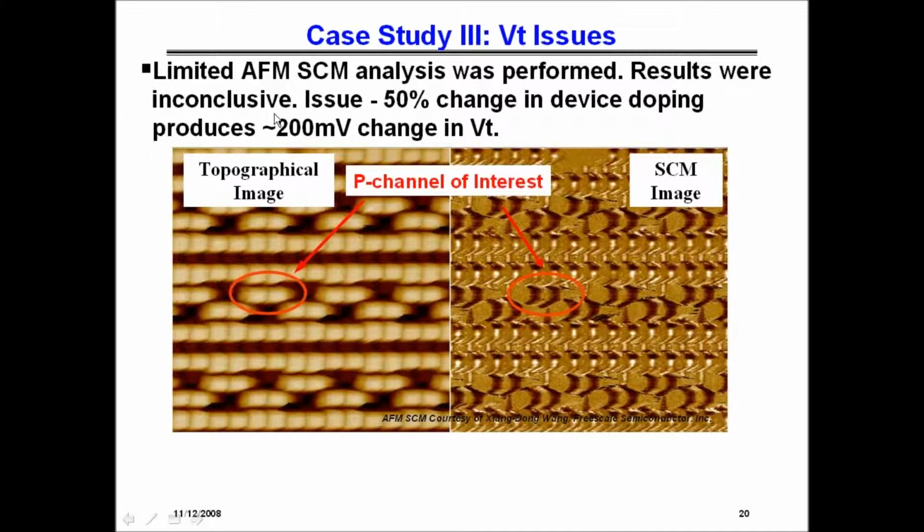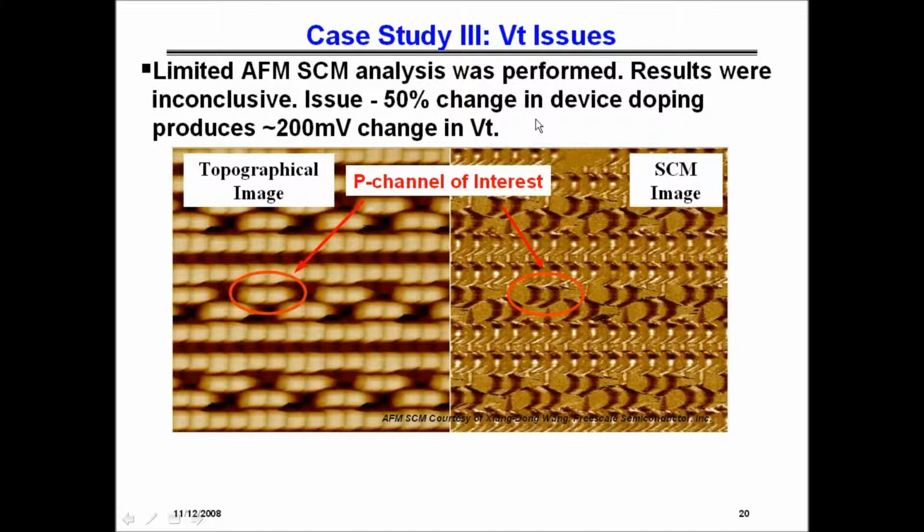Again, the results were inconclusive, and here you can see this was the failing P-channel of interest, and over here you can see the scanning capacitance results for the failure compared to passing P-channel transistors, and there's no difference that can be detected as far as the doping of the source drains and the channel.